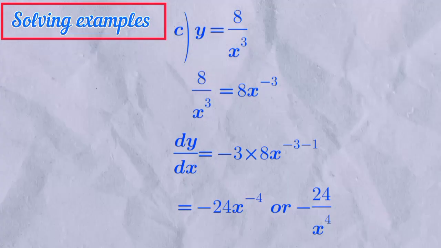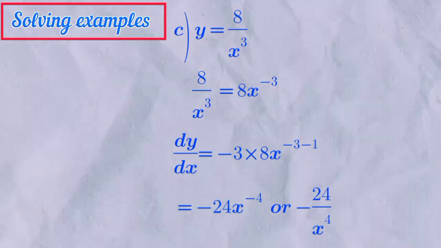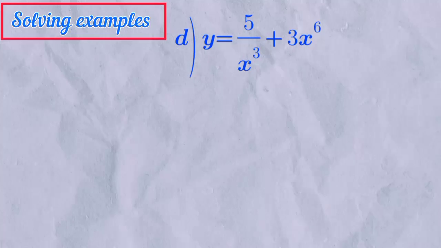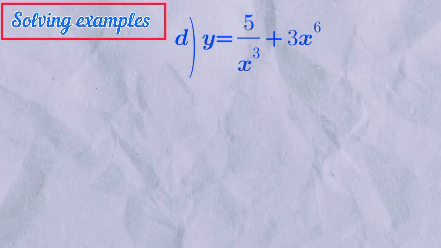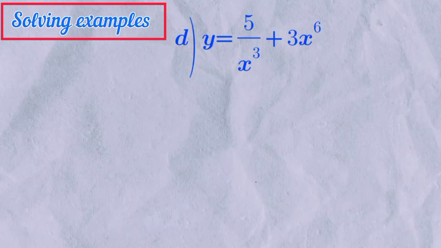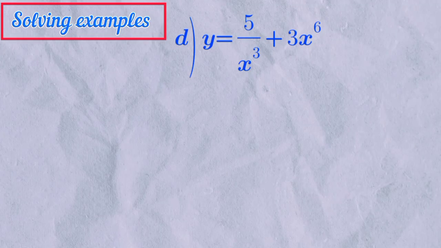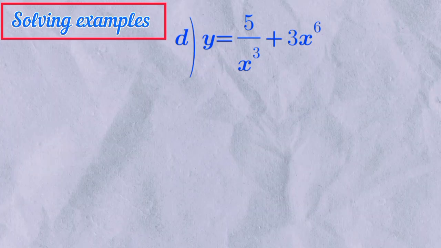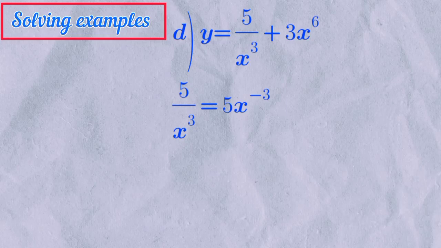Now let's take this to another level. Let's solve a more complicated question. So we have y equals 5 over x raised to the power of 3 plus 3x raised to the power of 6. As we have been doing before, we have 5 divided by x raised to the power of 3. We can write this as 5x raised to the power of minus 3.